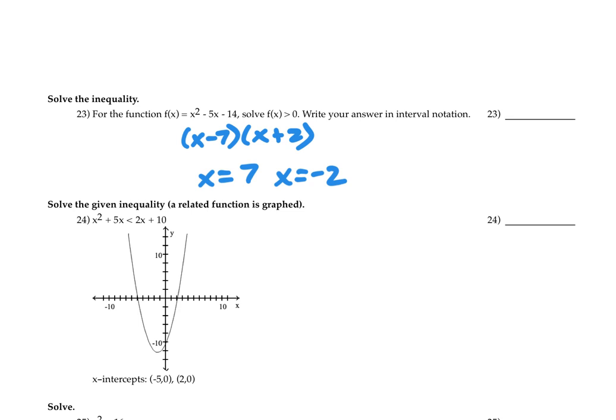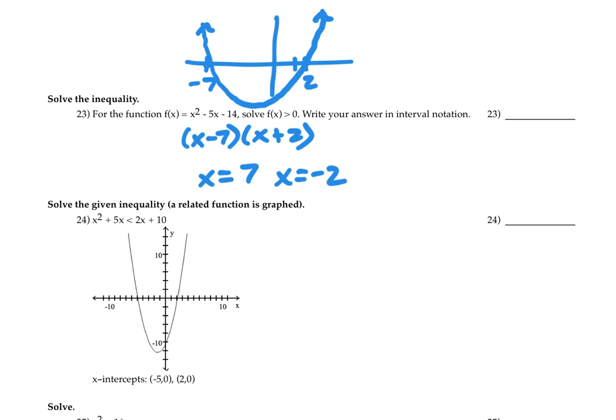So then what we're going to do here is pay attention to the symbol. What inequality are we using? And so I want to know, when is this going to be above the x-axis? Well, if I graph this one, these are the two places it's going to cross the x-axis, and I'm just going to do a real quick sketch here. I don't even really care what the graph looks like too much.